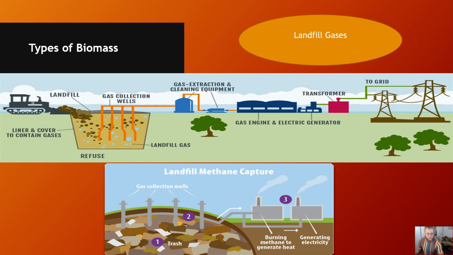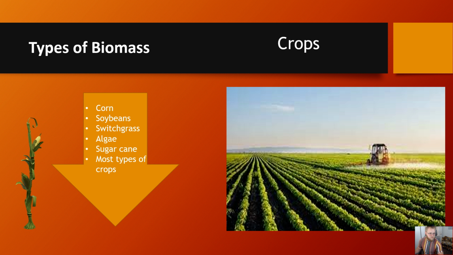And then that subcategory of landfills: basically anything that we can put in a landfill, cover it, and hopefully it will emit some type of gases. I think mainly methane gas is what it's going to produce, and then it's going to go over to an extractor, which cleans it up, and then it's going to be used in a gas engine.